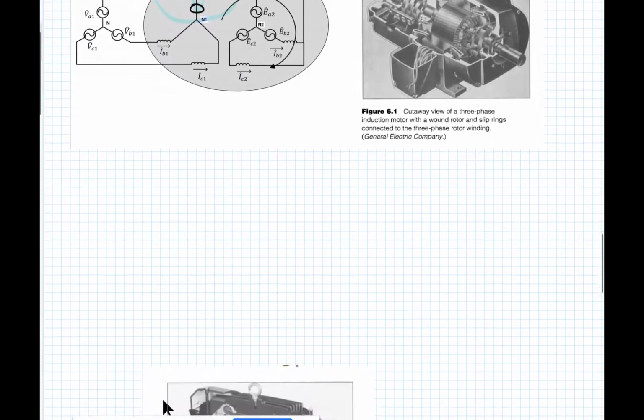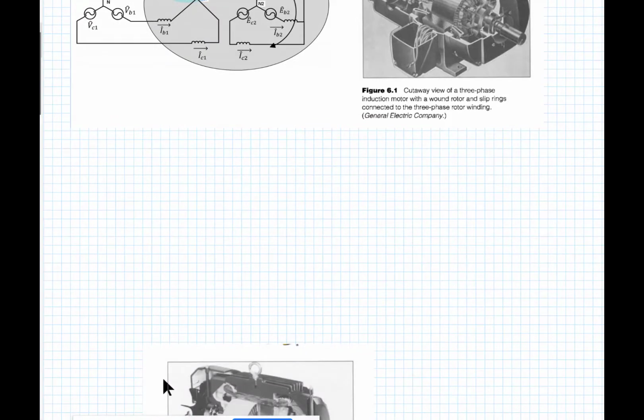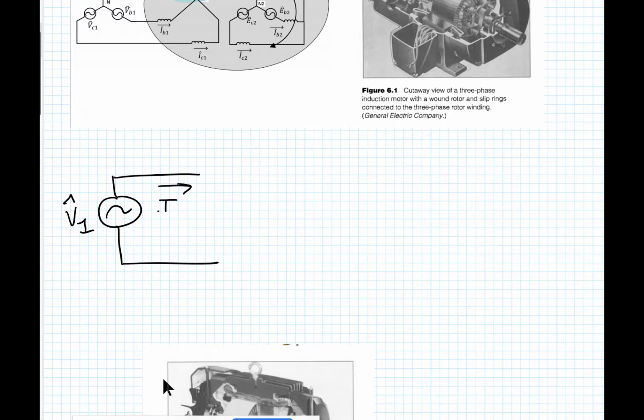So we'll end up with our per phase equivalent circuit that looks like this. This is the voltage that's applied to the stator. I'm just going to call it V1. There's a current, I1.